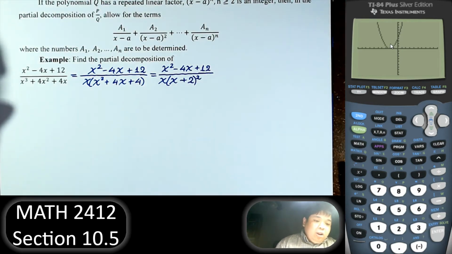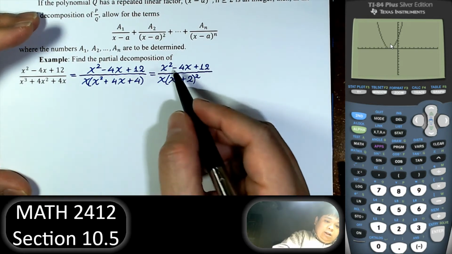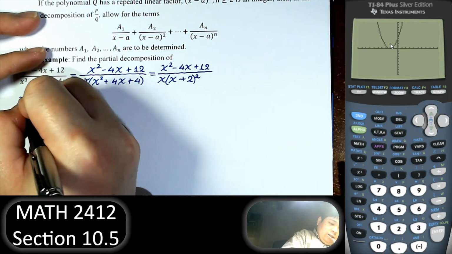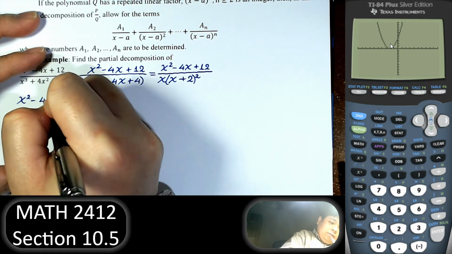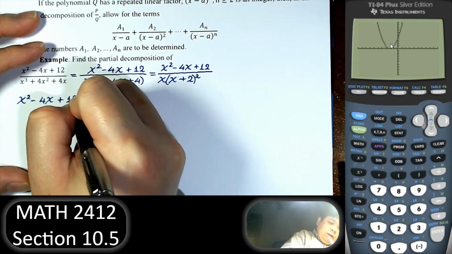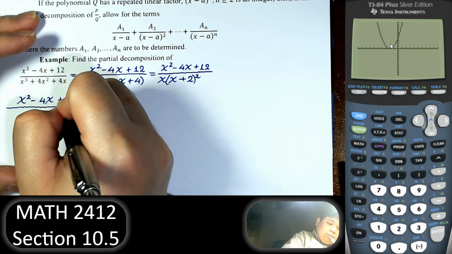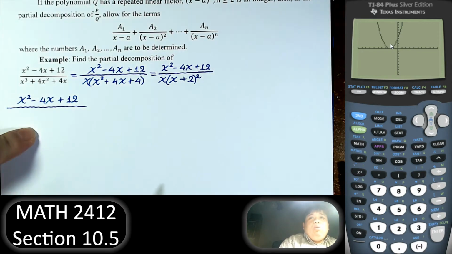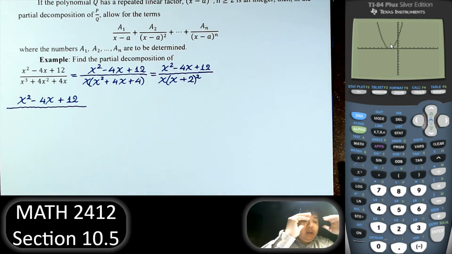Now just break this out. We have x squared minus 4x plus 12. Even though the top we may or may not be able to factor, it doesn't matter. Just factor the denominator and then split it out later.